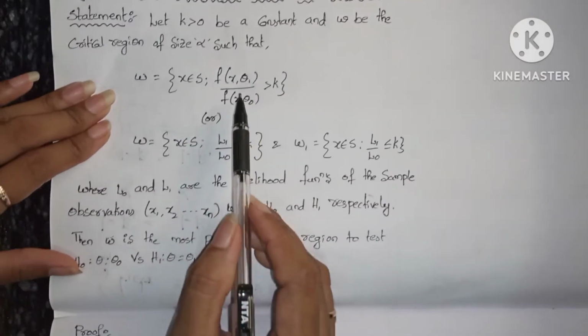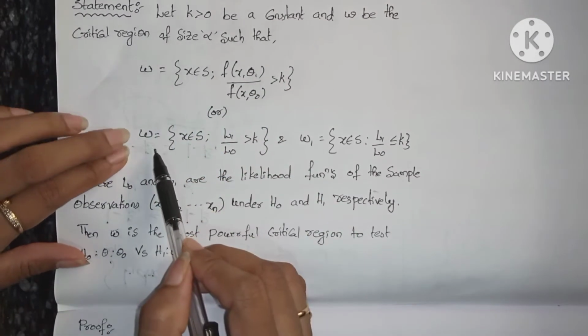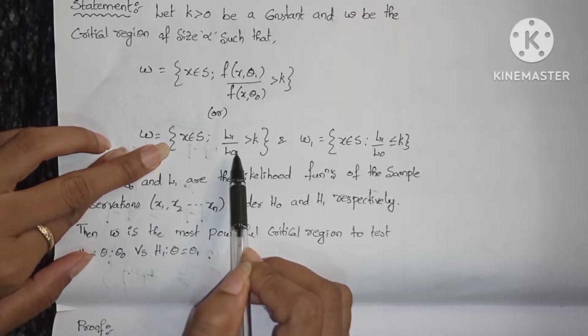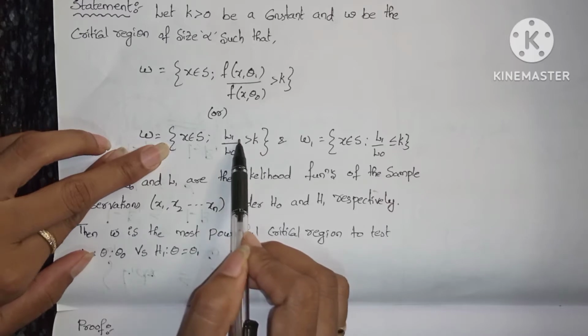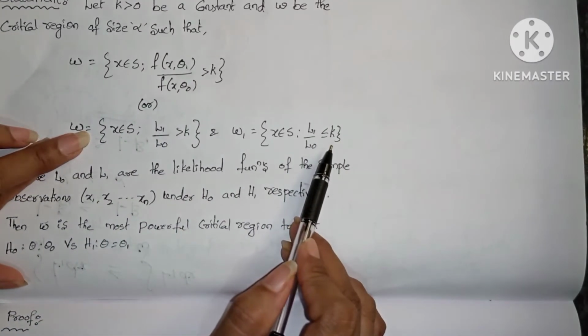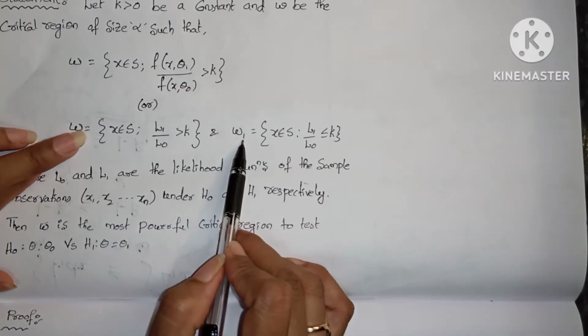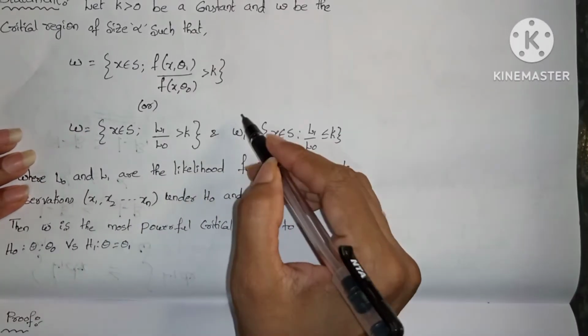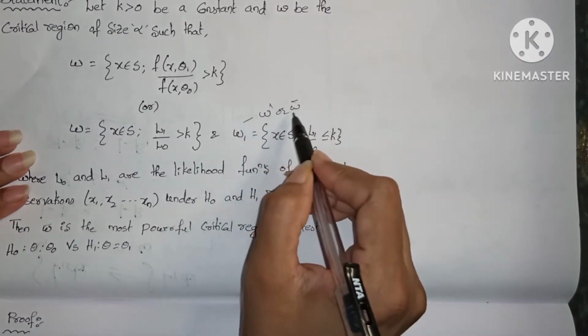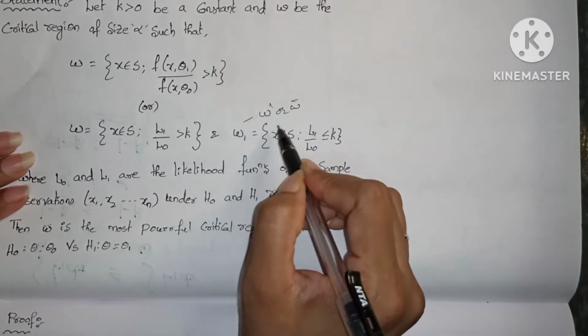Or else you can write this statement as omega equals x belongs to S such that L1 by L0 greater than k. If one set is greater than k, automatically the other set will be less than or equal to k. So that is called omega 1, or else we can call it omega dash, or omega bar. You can indicate with any notation.